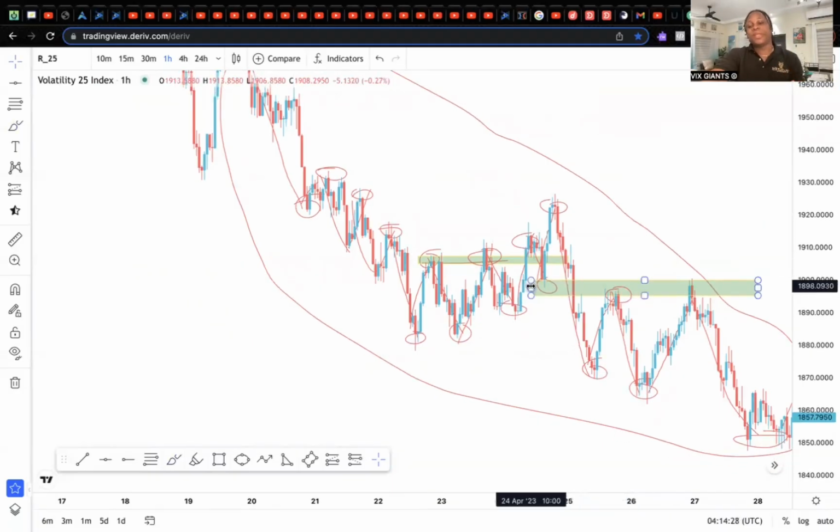So you definitely have to understand the structure to know that this market is still in a downtrend, because all along, even though we're getting higher lows forming, that is a sign that buyers want to take over. But like I said, they don't take over until they take out the selling orders at the high completely.